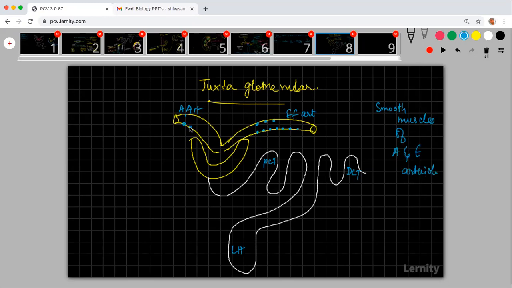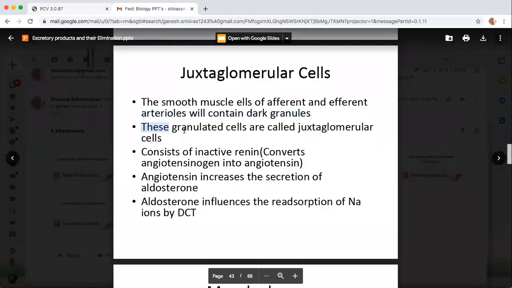The cells in the smooth muscle are what we call juxtaglomerular cells. What is the meaning of juxtaglomerular? It is near the glomerulus. Juxta means very close. What is the role of these cells?